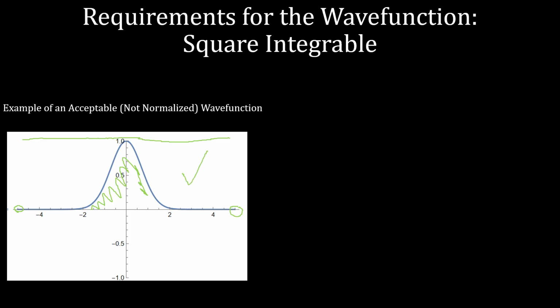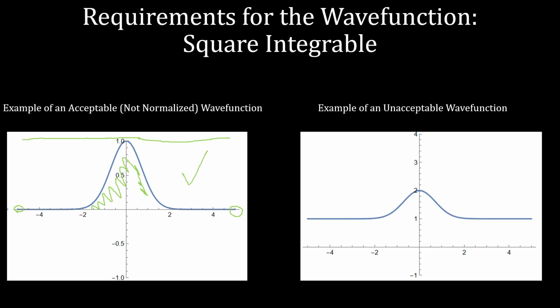So this one is okay. However, to the contrary, on the right, we see that it doesn't level off to 0. Instead, it levels off to 1 as we go towards positive and negative infinity. So when we take the integral and find the area under our wave function, as we go towards plus and minus infinity, we're going to get that the integral equals infinity, meaning this is not square integrable, so this would not be a valid wave function.